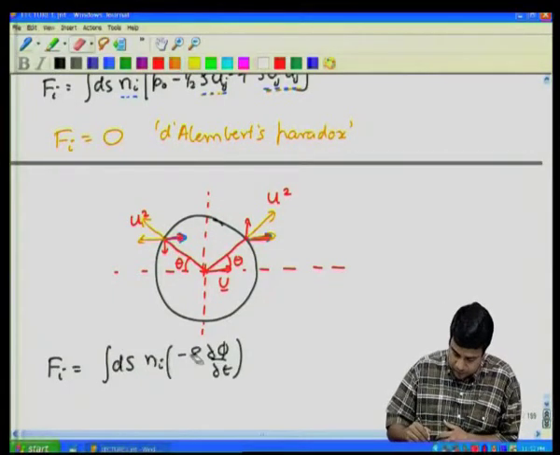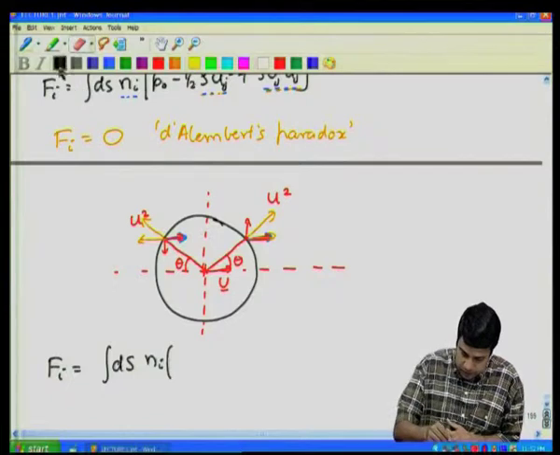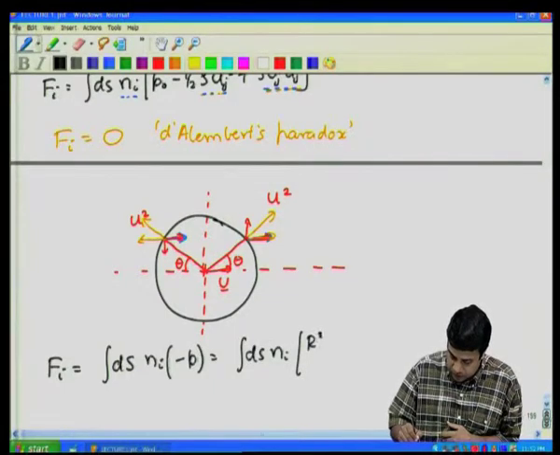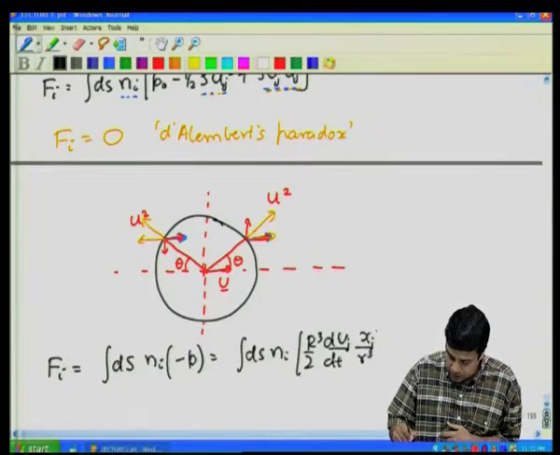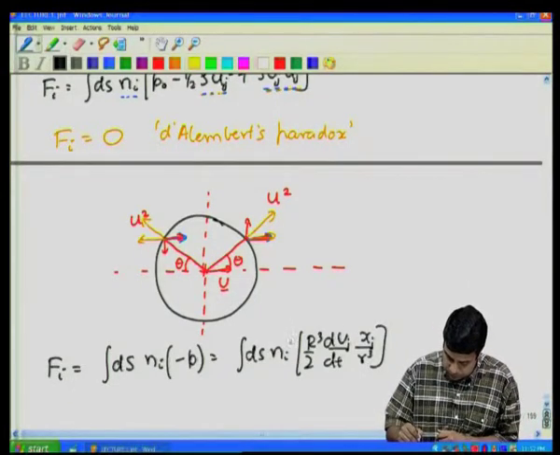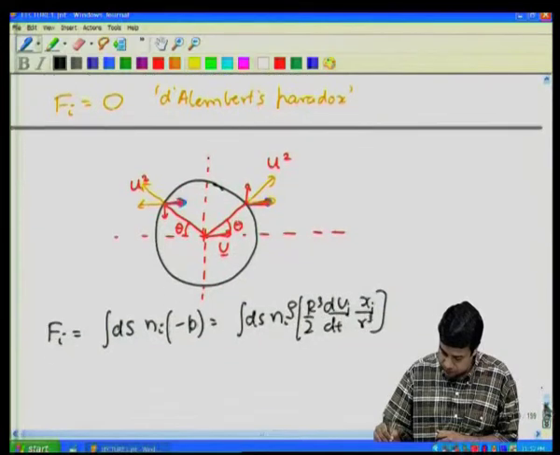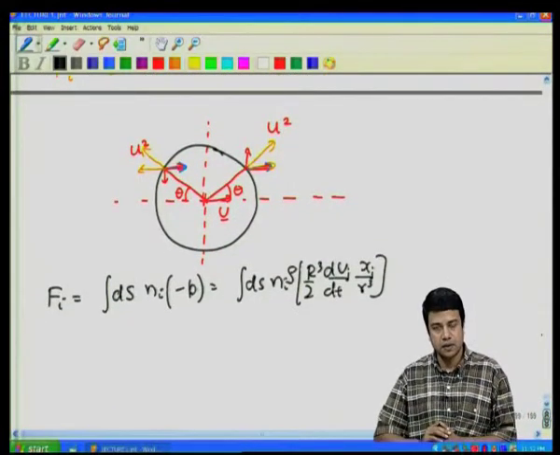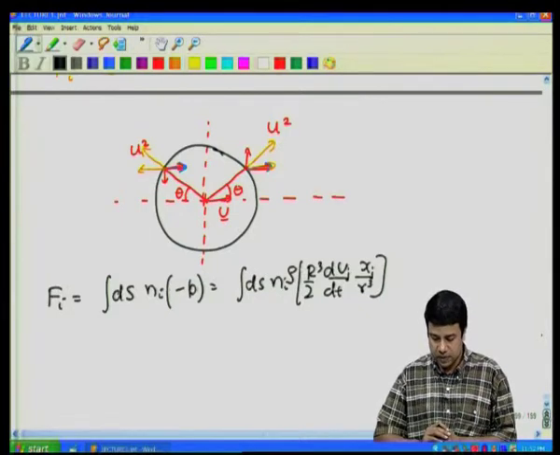So, this is equal to minus P is equal to integral ds Ni into r cubed by 2 duj by dt xj by r cubed, times rho. And once again you can do this integral quite easily.